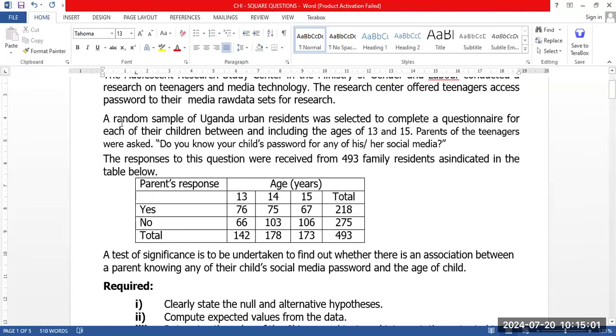They are telling us that a random sample of Uganda urban residents was selected to complete a questionnaire for each of their children between and including the ages of 13 and 15. It is 13, 14, and 15. Parents of the teenagers were asked, do you know your child's password for any of his or her social media?